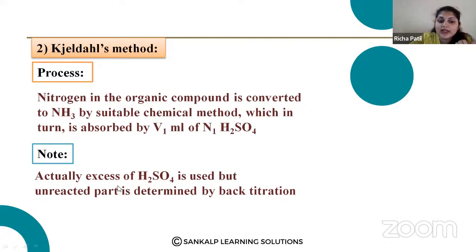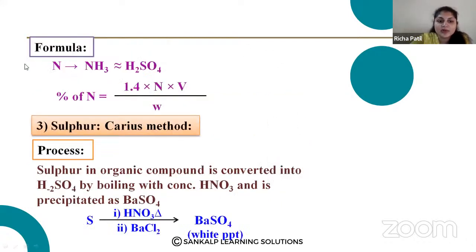Excess H2SO4 is used, but the unreacted part is determined by back titration. The percentage of nitrogen by Kjeldahl's method is given by 1.4 into N into V upon W. This is the formula for calculating nitrogen by Kjeldahl's method.